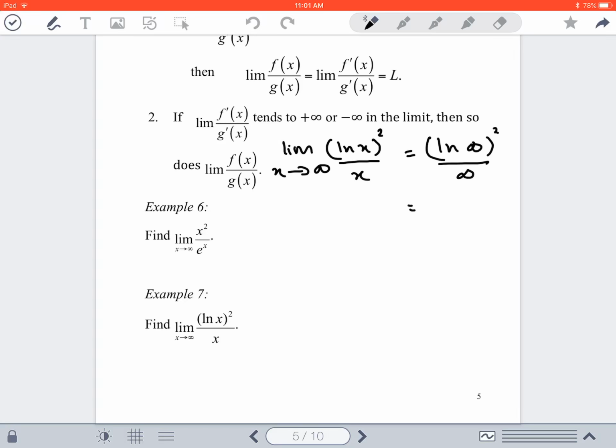You can check what happens to the value of ln when you start with ln 1, ln 100, ln 1000, ln a million, and you see that the answer becomes larger and larger, right? So here we have a very large number divided by also a very large number, and it turns out to be the infinity over infinity case. Here we can use L'Hopital's rule.